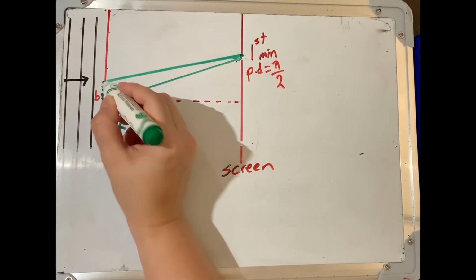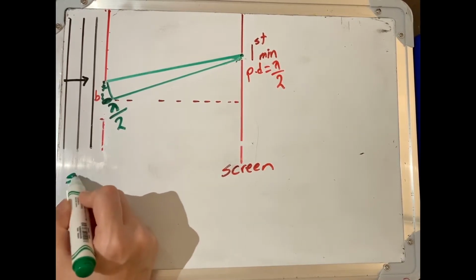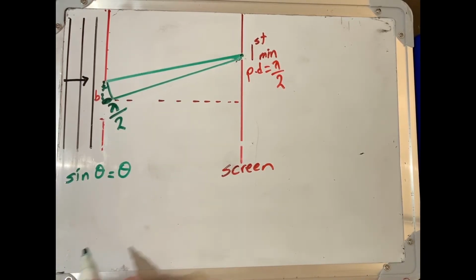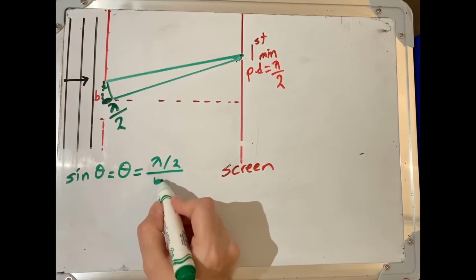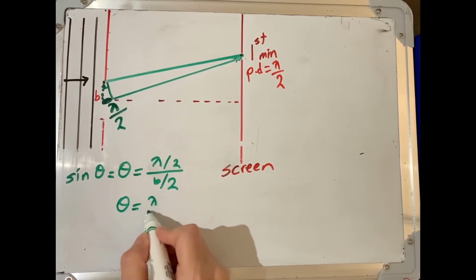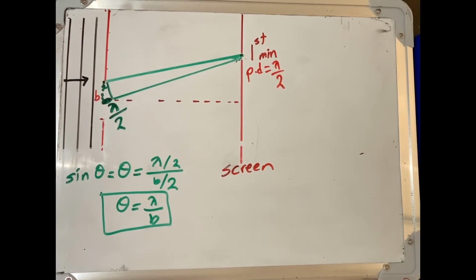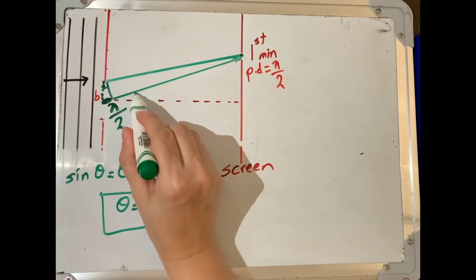Labeling that angle over there, writing the sine of this angle, using the small angle approximation that is equal to the angle as opposite over the hypotenuse, which translates into this. And there is our single slit interference pattern formula, which you will find in the data booklet. The angle here is equivalent to this angle right there.